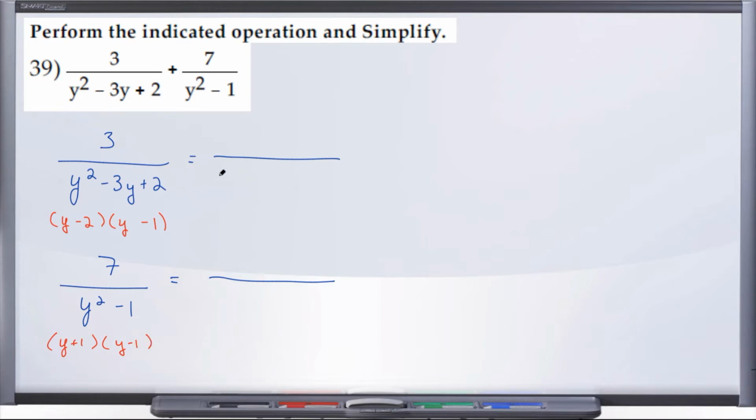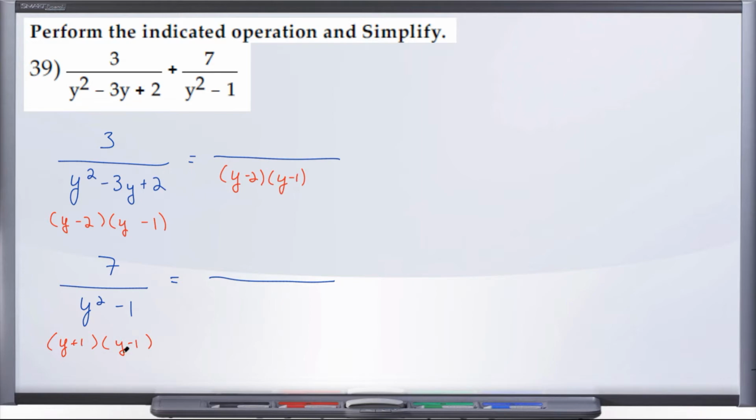And now when we build our common denominator, the reason we want to have our denominators factored is because we need one of each factor that's unique. So looking here, we have a y minus 2, a y minus 1, a y plus 1, a y minus 1. So we need one of each thing that's unique. So y minus 2, y minus 1, and let's see down here.